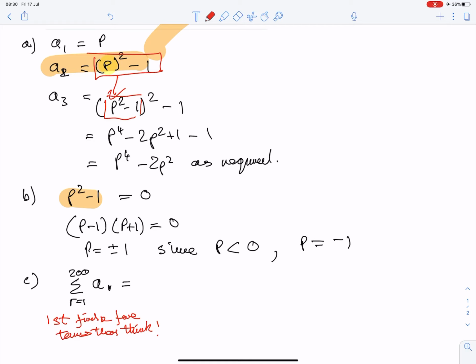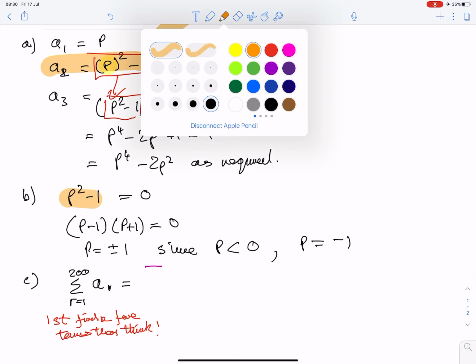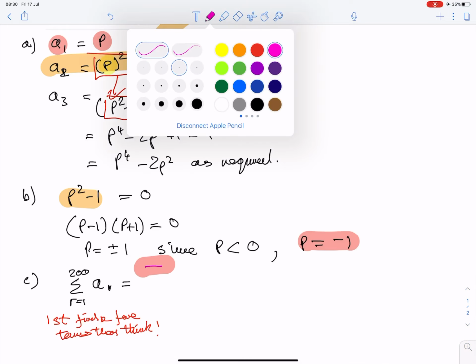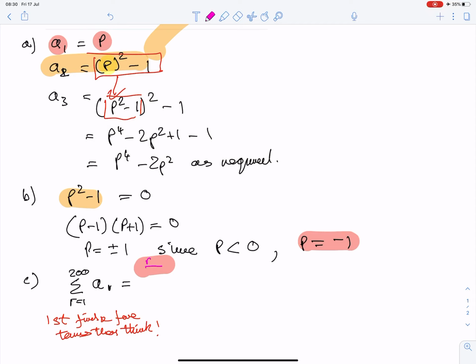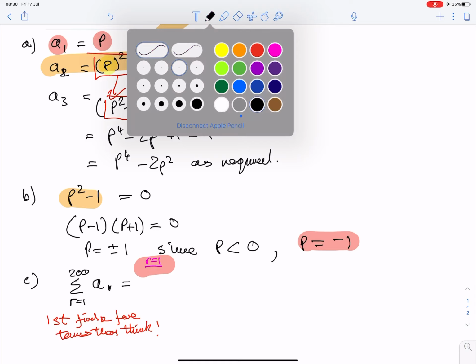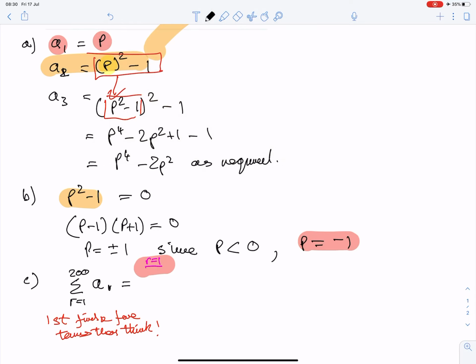So A1 we know is P. So when r is 1, A1 we know is P, and P equals minus 1. So we get minus 1.